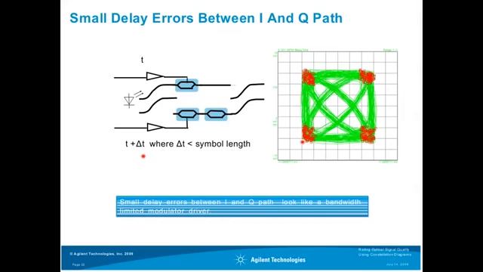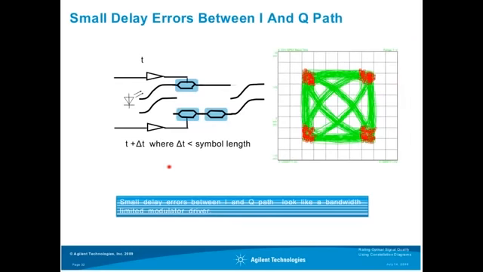What we can see here in the constellation diagram was measured with a delay that is below a symbol length, and we can see a very characteristic opening of these transitions. And also here on this side we can see this opening in the transitions. This opening is caused by the delay between these two channels, the I and the Q channel. So the small delay between these two channels looks like a bandwidth limited modulator driver.